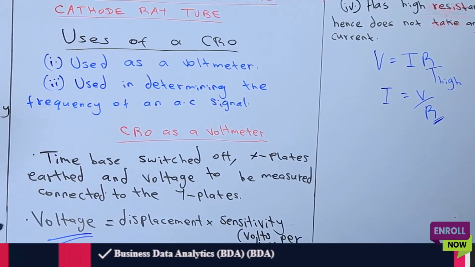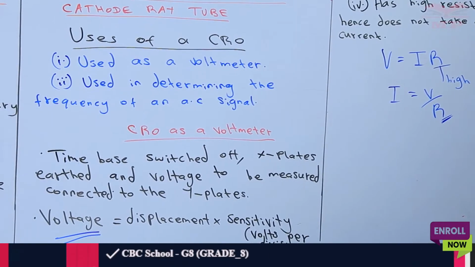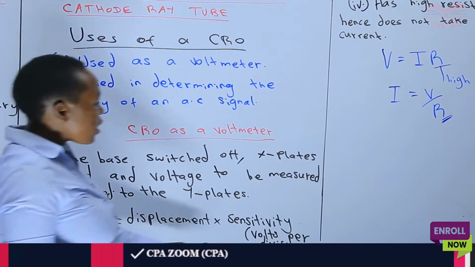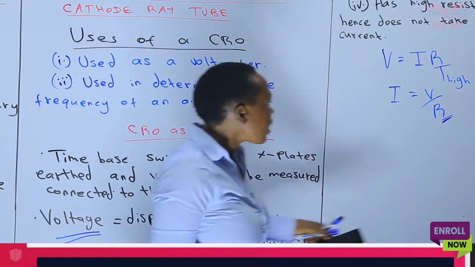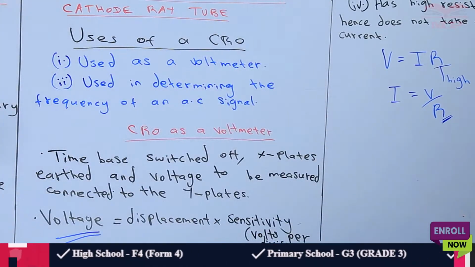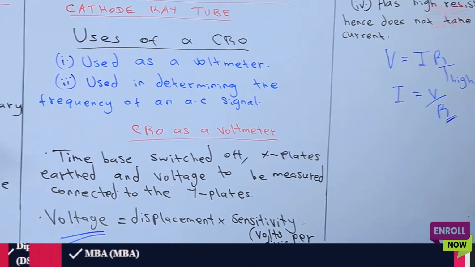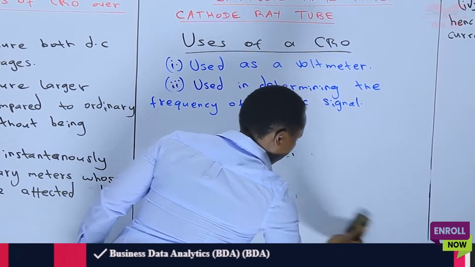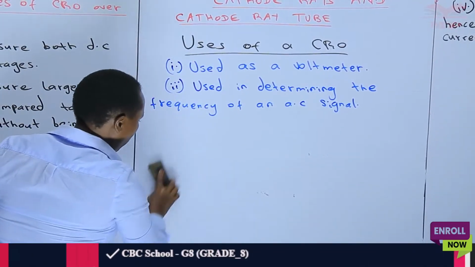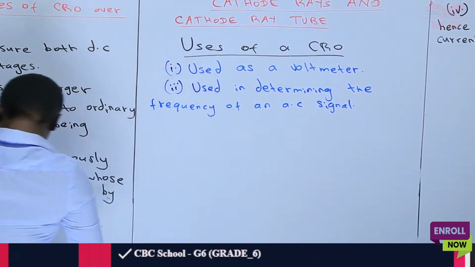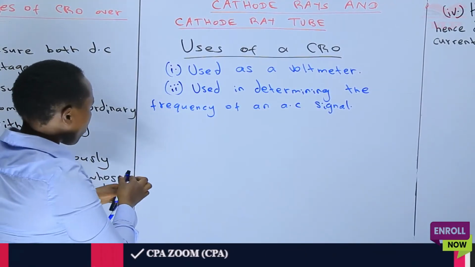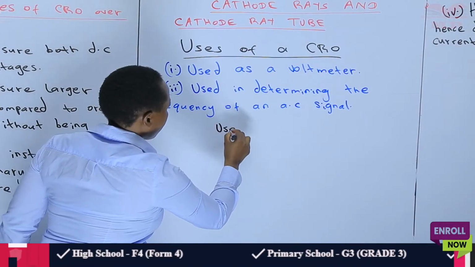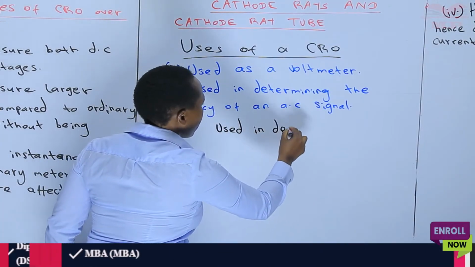So we want to look at the other use of a CRO, use number 2, where we have seen that it is used in determining the frequency of an alternating current signal.